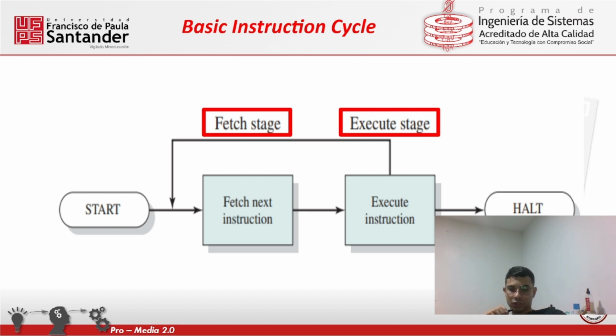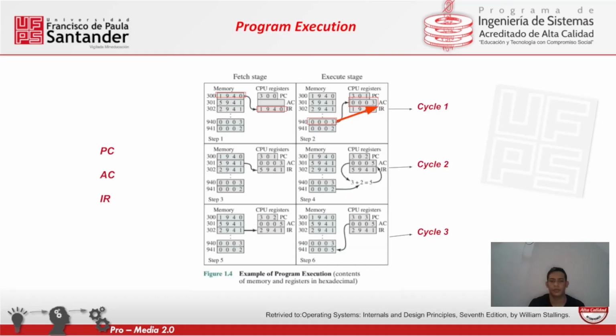This instruction includes bits that describe the action the processor must perform. The processor interprets the instruction and carries out the required action. Program execution. In this example, we are executing a program that performs addition.